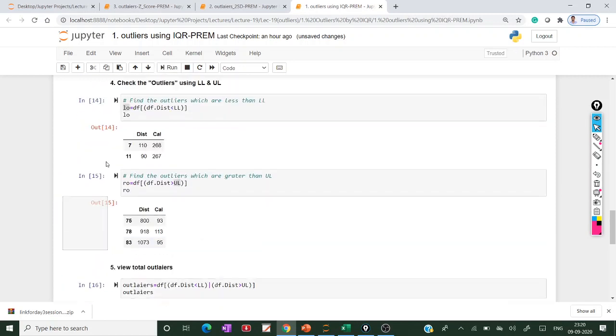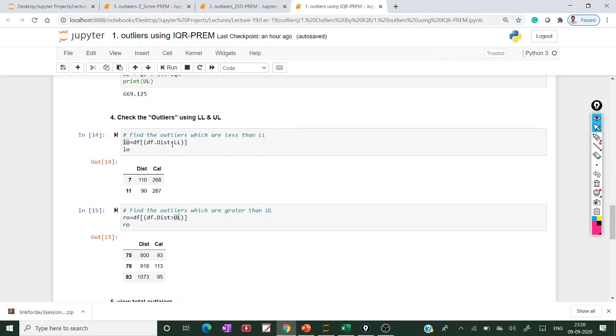So the first output is the outliers less than the lower limit.